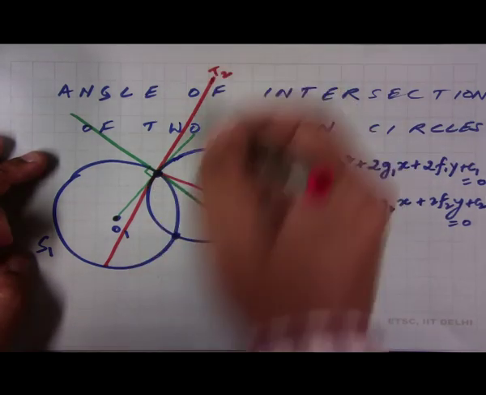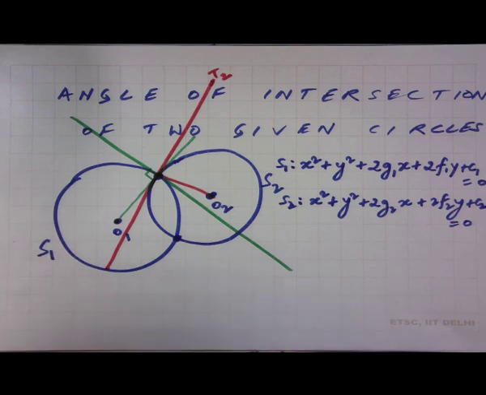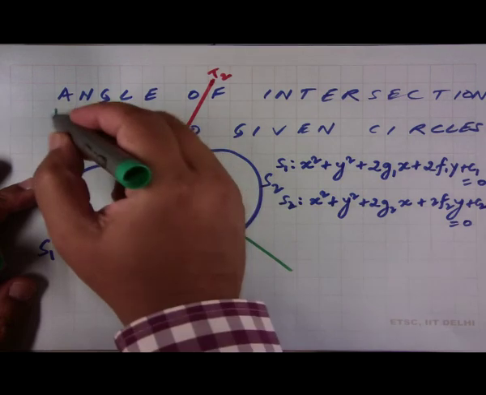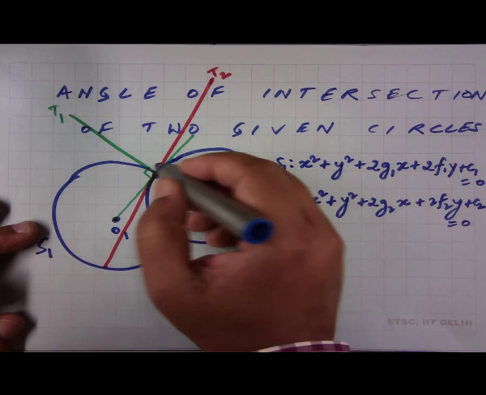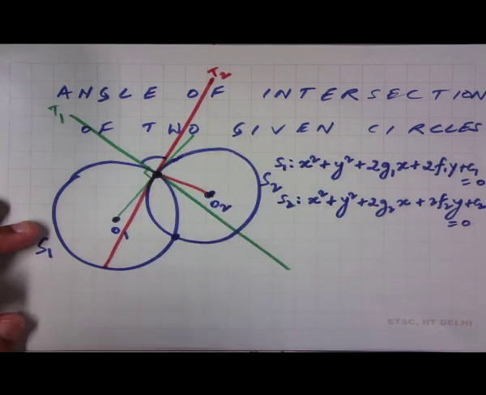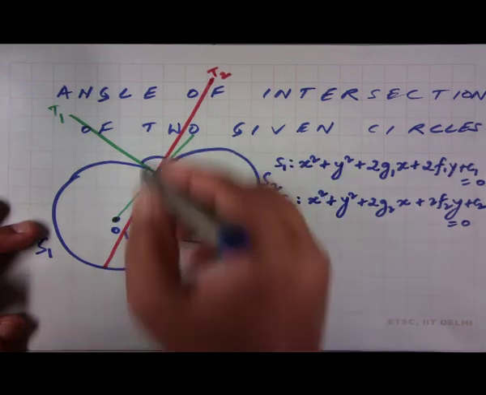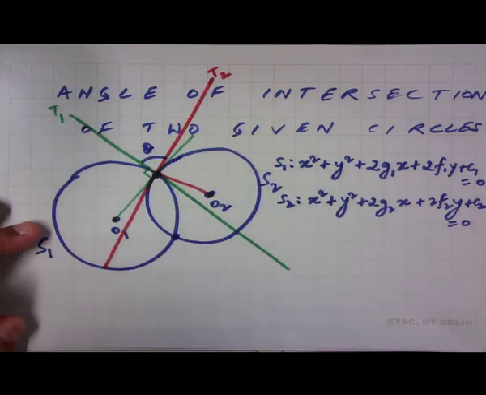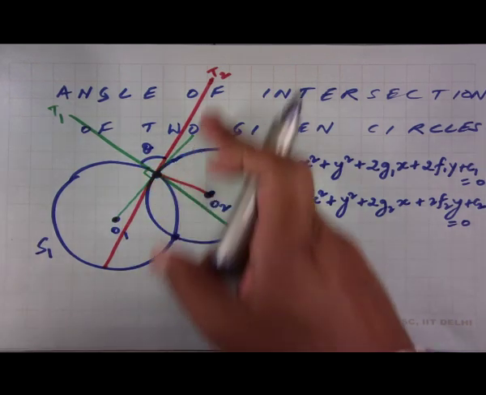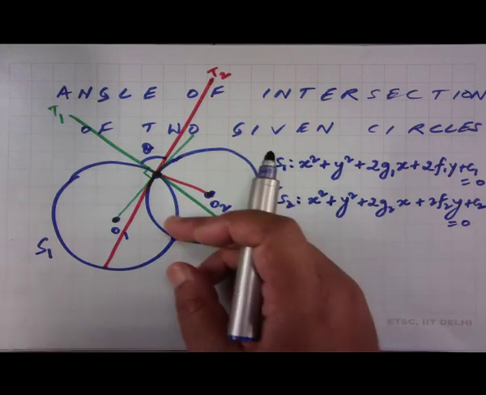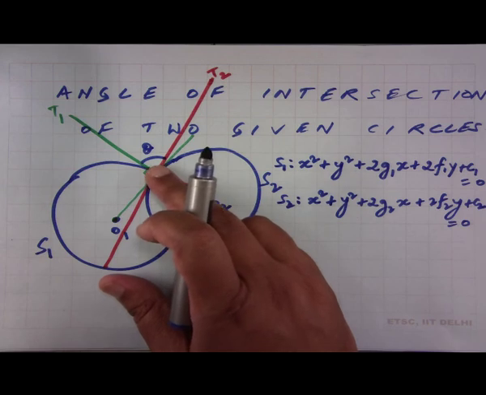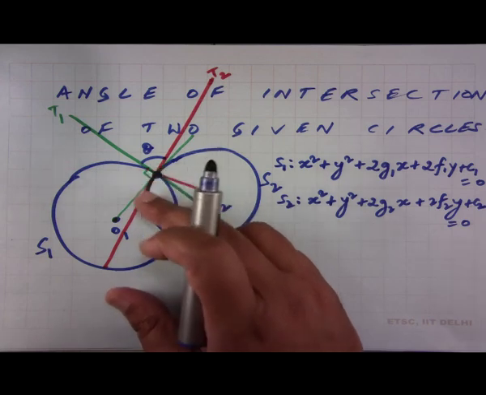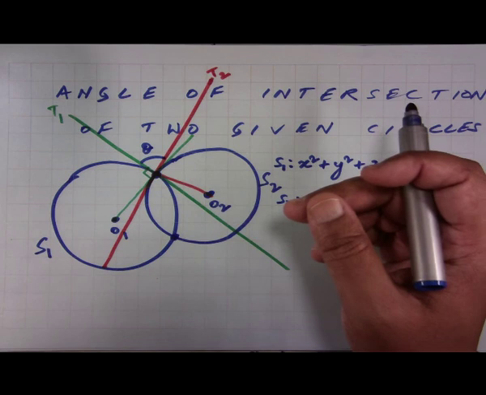I will call it T2, and the tangent to the first circle at the same point of intersection I will call T1, and then let the angle between these two tangents be theta. So, this angle between the two tangents to the two circles at this point of intersection is what is known as the angle of intersection between the two circles.